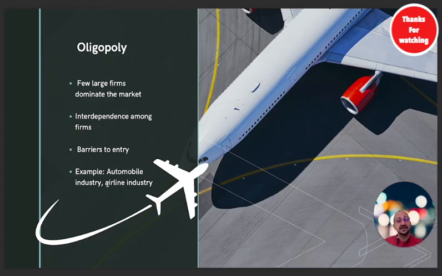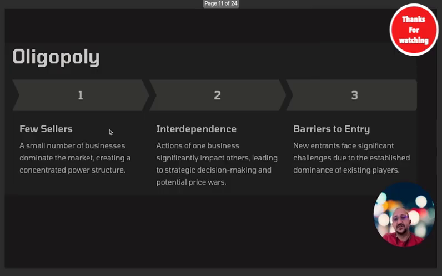And the competition between these companies is very high because if one company decides one thing, another company has to follow that. The decision making is dependent on what the other company is doing. Let me give you an example.